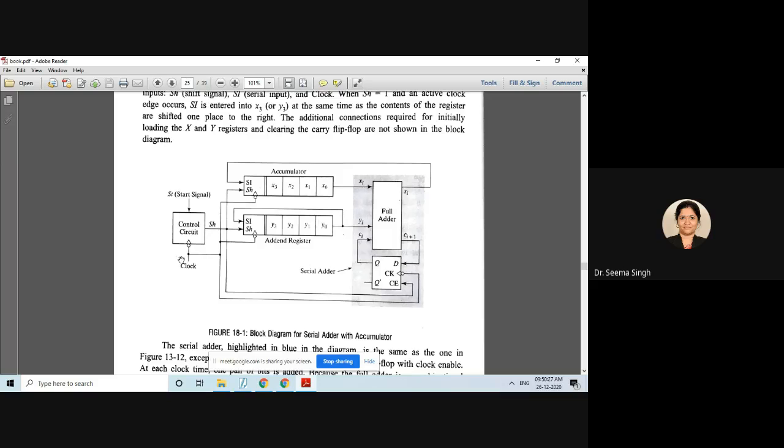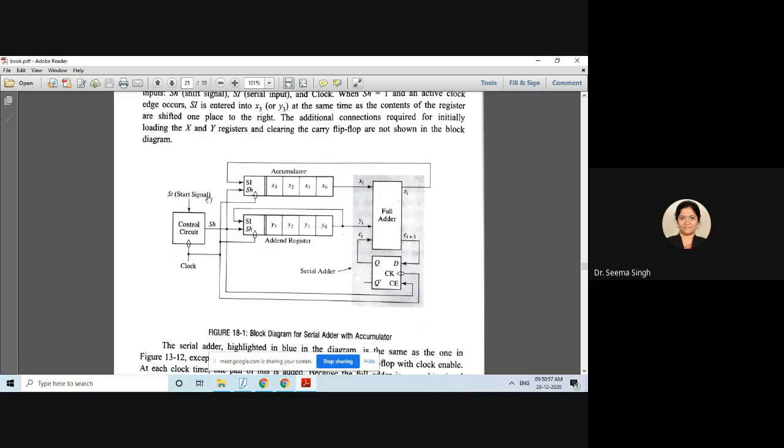First is your start signal. When it says start, it means the circuit is on. As soon as the circuit is on, we have to assume that your X and Y are loaded also. So that is why I am telling that at T0 time, the first bit addition happens.